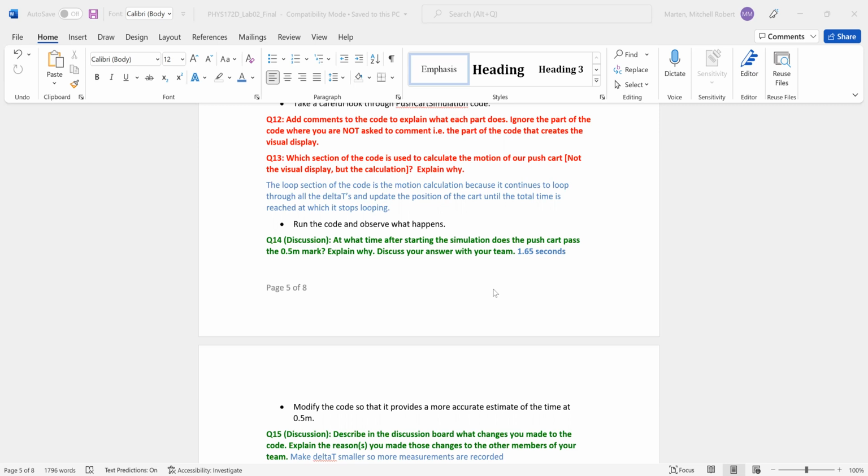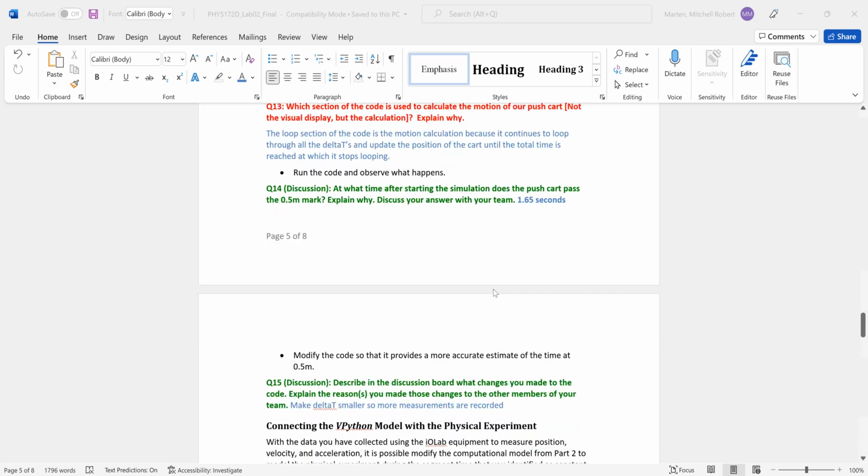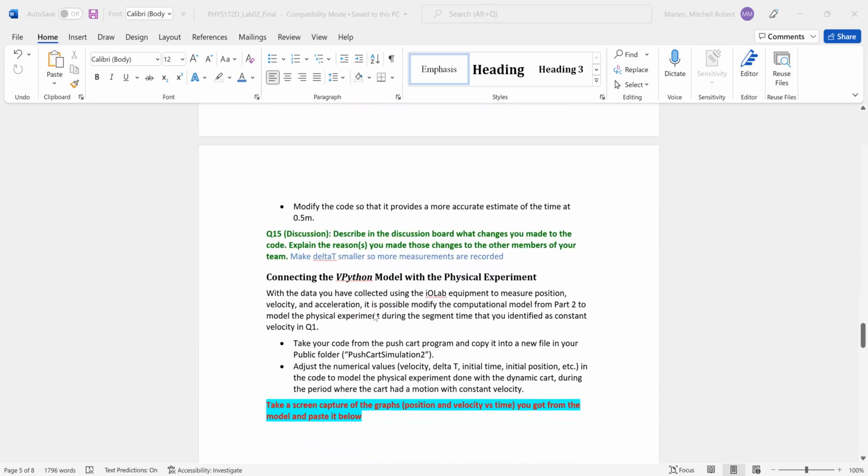And so when I was at 0.5 meters, I just looked at the time on the x-axis and it was 1.65 seconds after the start. Yeah, I mean, everyone should have different numbers because not everyone pushed the cart with the same amount of force, right? But I think, did everybody just use the graph? Yes. Okay.